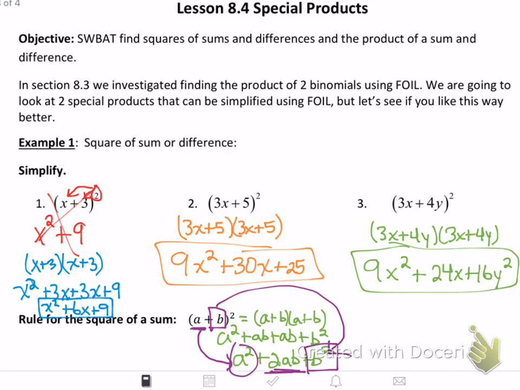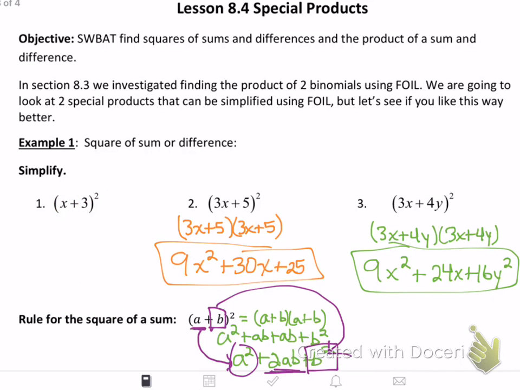Let's go back to this number 1 example and kind of use this shortcut formula just so that you can see. Now, according to the formula, this shortcut, what it's saying is my answer, without having to do all this FOIL work, my answer will be, I take my first term and I square it, a squared. So, I have x squared, my first term squared, that's my first thing, and then there's going to be some middle here, but I'm going to take my last thing and do 3 squared, which is plus 9.